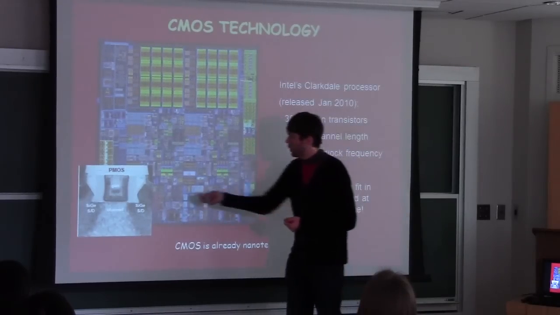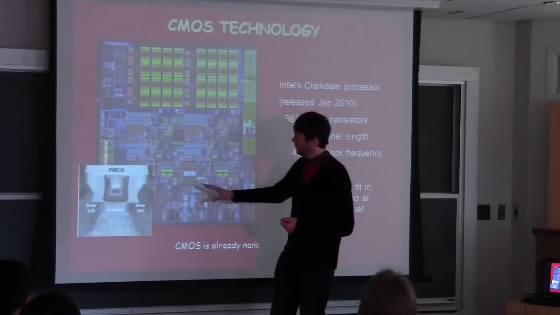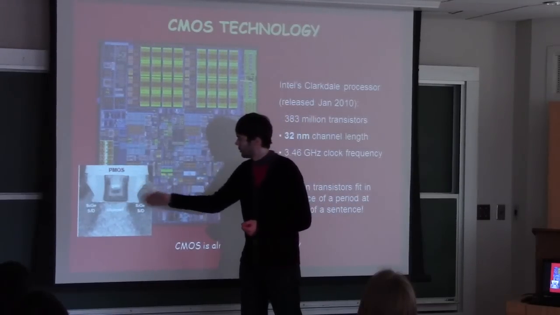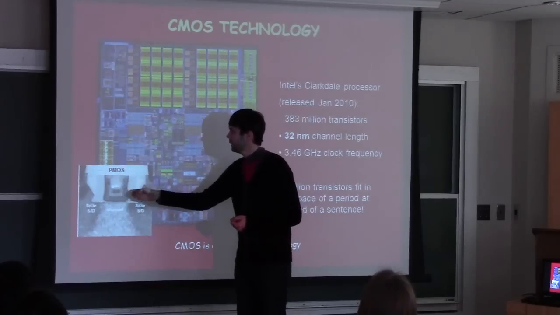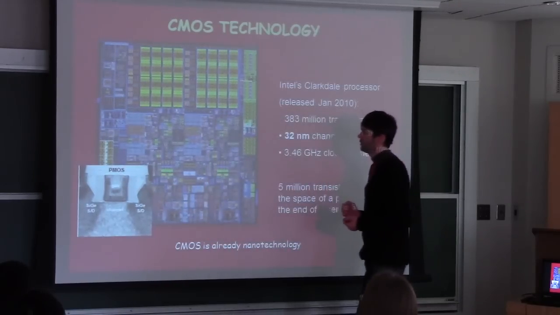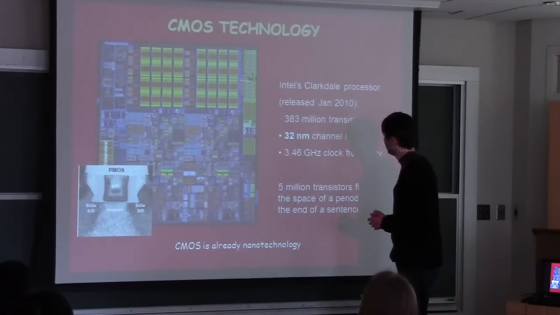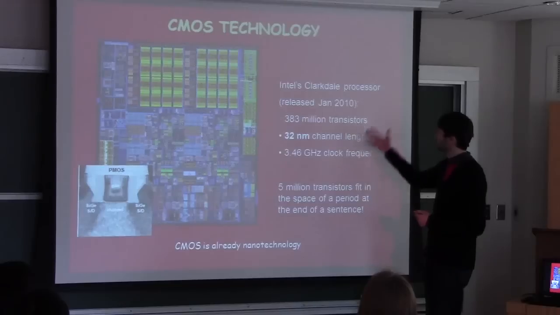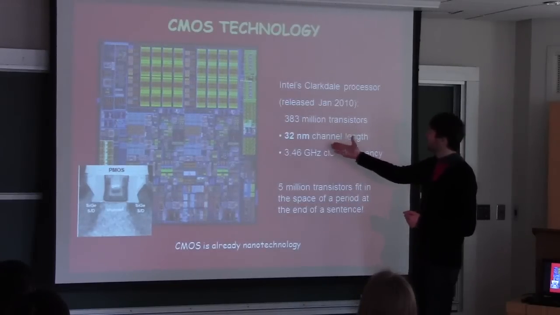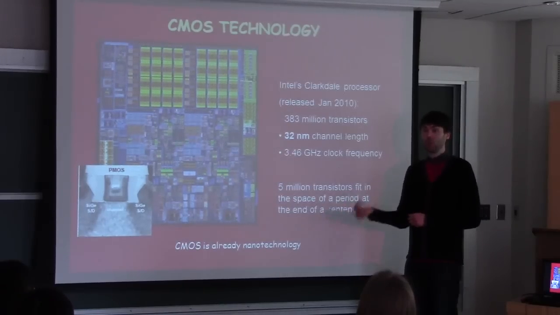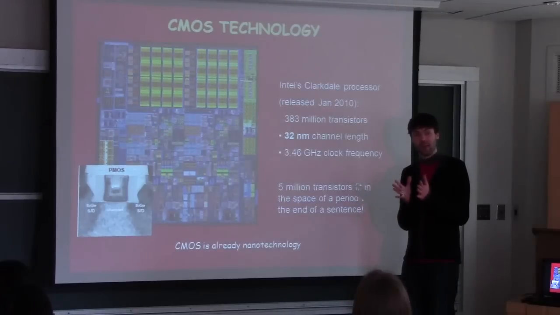But if you look at just one transistor, a transistor always has a source, a gate and a drain. Just one transistor in this circuit has already become so tiny. Here are some numbers: the channel length, so the gate length, is 32 nanometers. So we are at the nanometer scale, and we are not too far from the wavelength of an electron in a semiconductor.